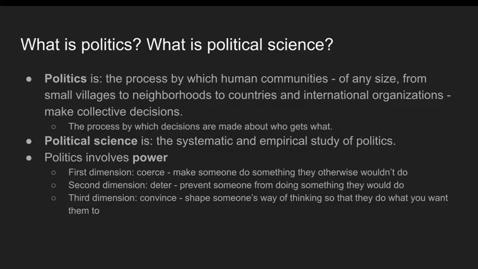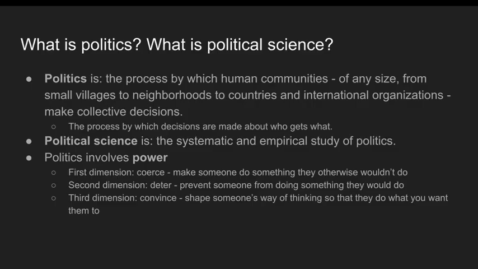First, a little bit of an overview about politics and political science. Politics basically is how people decide who is supposed to get what, and when, and how much.